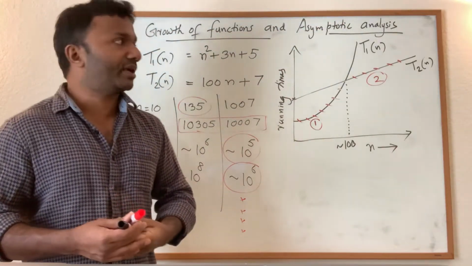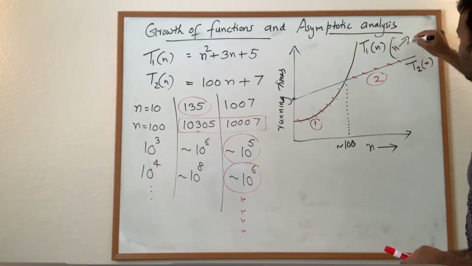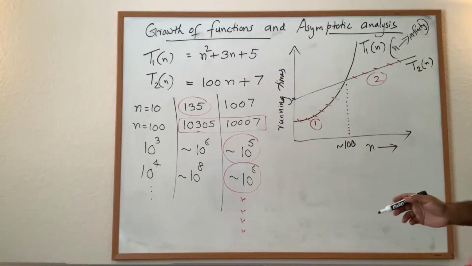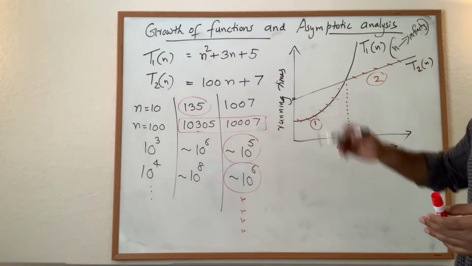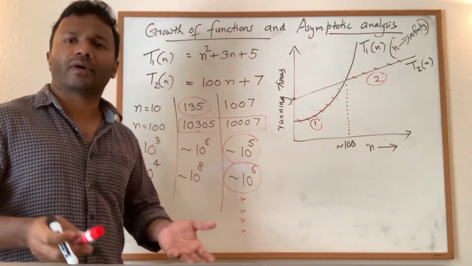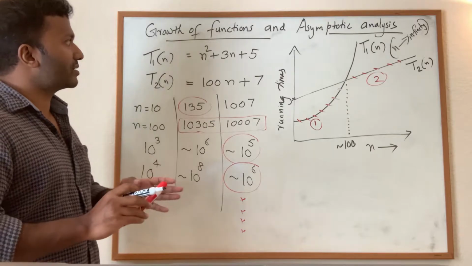So essentially in asymptotic analysis, we simply assume n tends to infinity. Just assume that n is a very, very, very large number, and then have a look at these running times and find the one which has the lower running time. So that is what asymptotic analysis is in a nutshell.